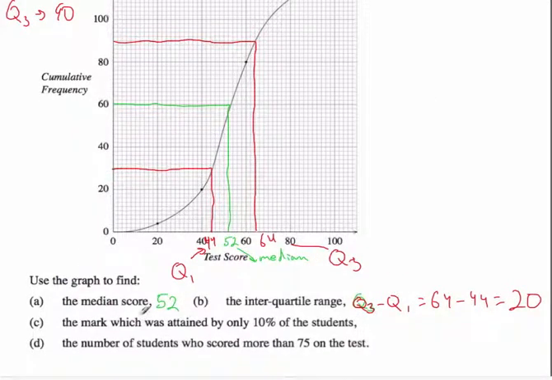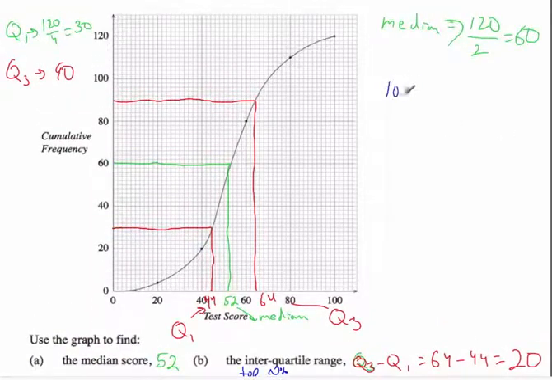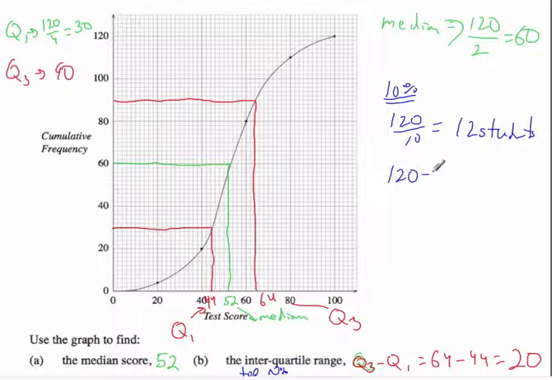Okay, next we need to find the mark which was obtained by only 10% of the students. So that's the top 10% of students right there. So to find the top 10%, we're going to take 120 and divide it by 10. We get 12 students. So 12 students are in the top 10%. And we'll do 120 minus 12 is 108.